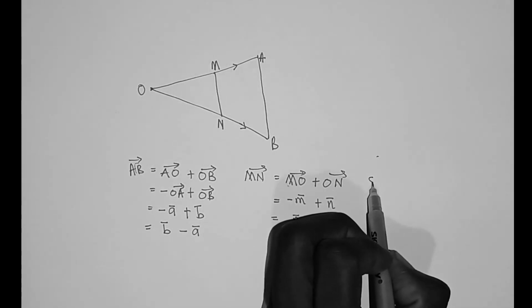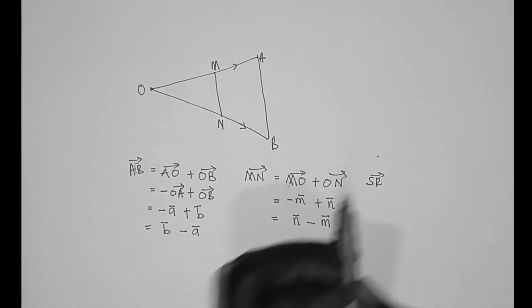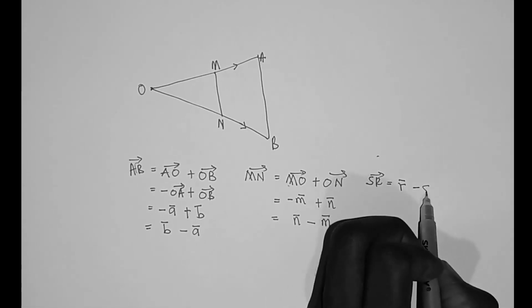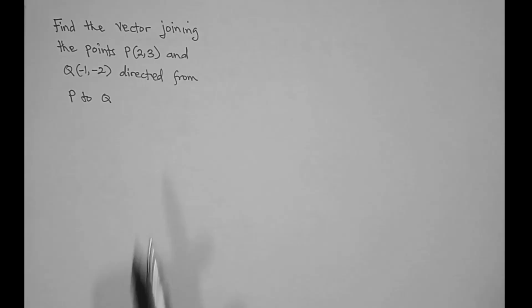And therefore, if you are asked to find SR, it is going to be the position vector R minus the position vector S.